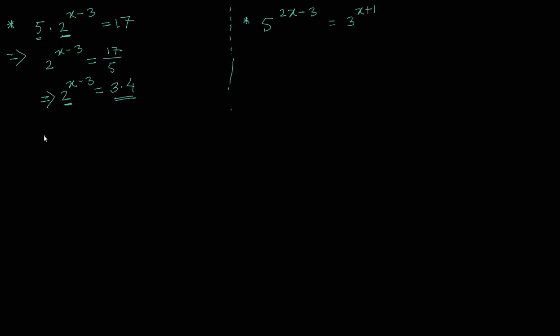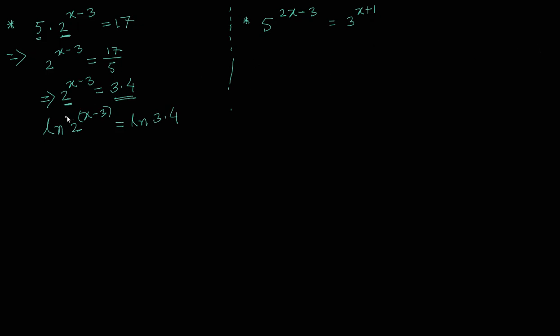So let's take the natural logarithm. I am taking the natural logarithm of 2 power x minus 3 equals natural logarithm of 3.4. Okay, so I have taken the logarithm on both sides.